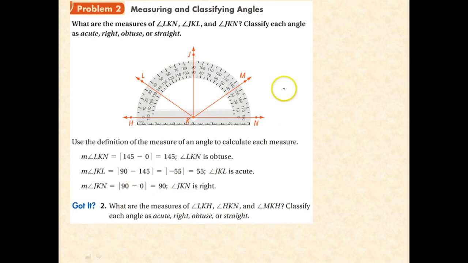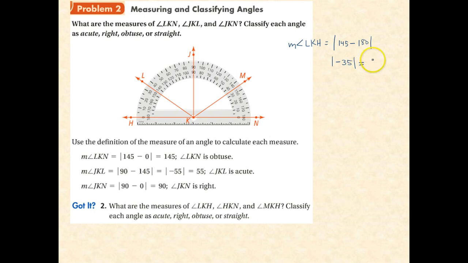Okay, angle LKH. The measure of angle LKH is the absolute value of 145 minus 180. 145 minus 180 is negative 35.